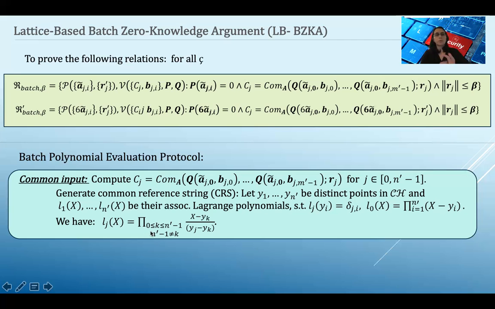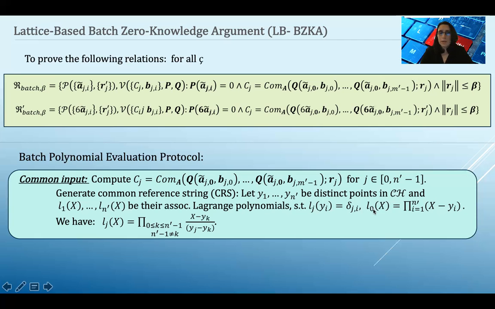Then the batch polynomial evaluation protocol consists of the following parts. The common input to the protocol consists of the vectors CJ, which are computed as commitments, as I mentioned already before. Then the common reference string is generated by generating Lagrange polynomials LJ and Yi, where Yi are the distinct challenge values.